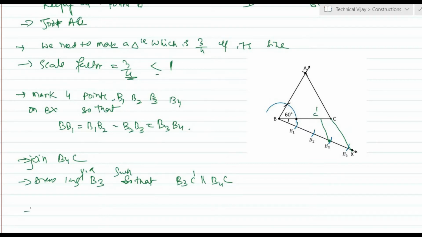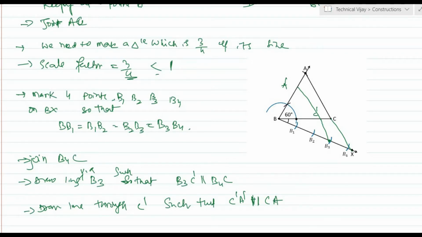After that, again draw a line through C dash, such that C dash A dash is parallel to CA. In this way we have to draw.